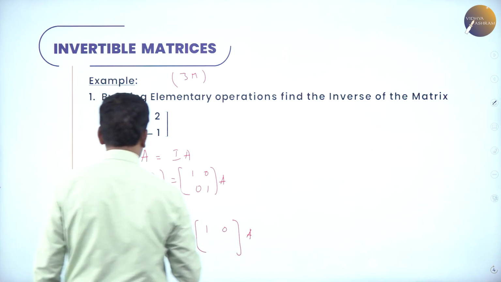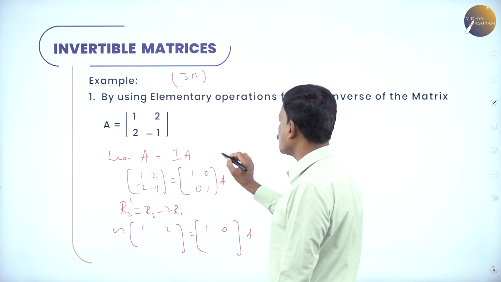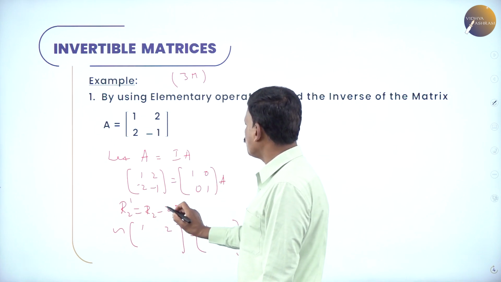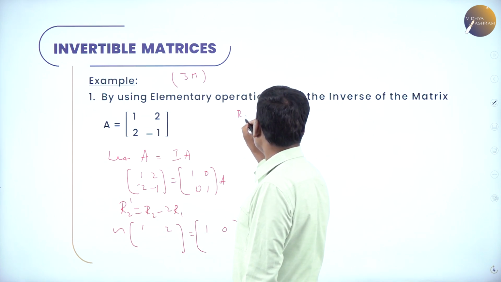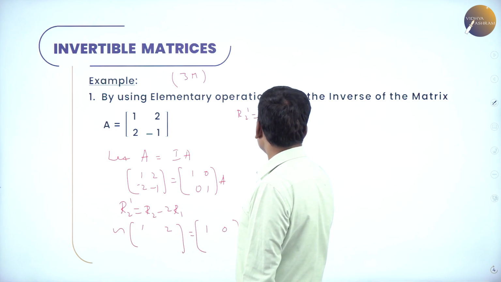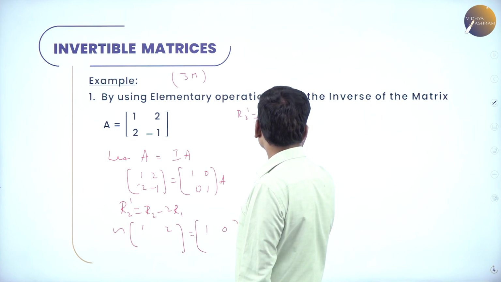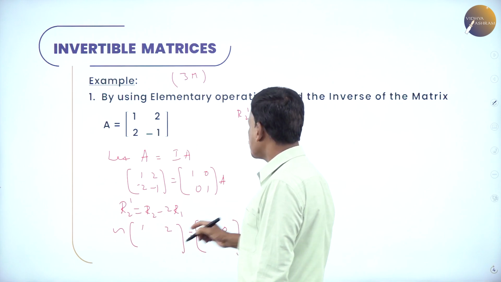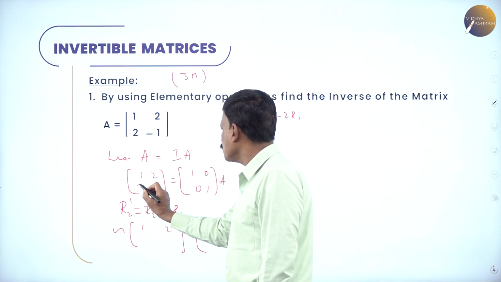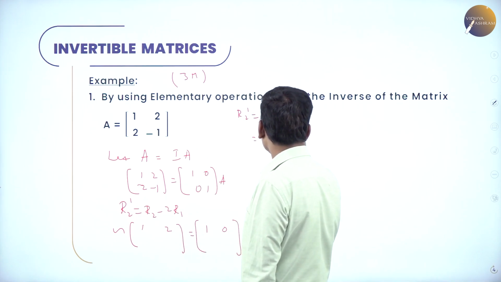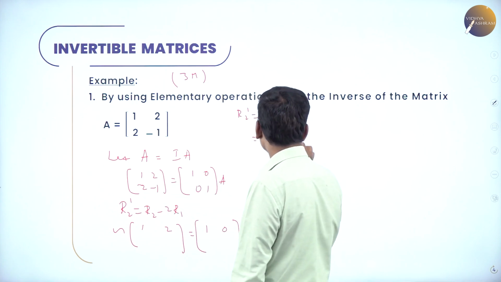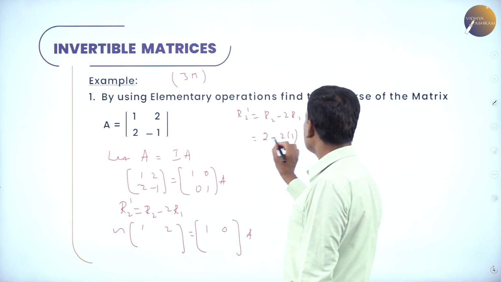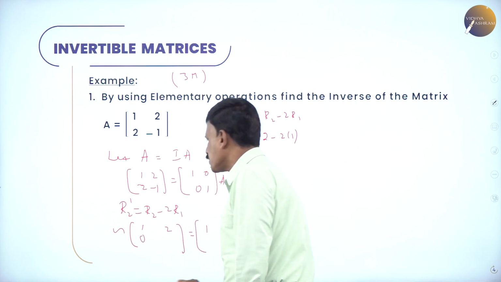For the second row, what are we doing? R2 dash is equal to R2 minus 2R1. The first element of R2 is 2. This is 2 minus 2 into the first element, 1. That is 2 minus 2, which is equal to 0.